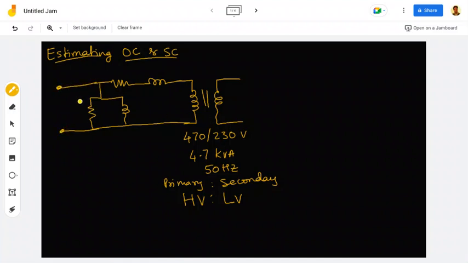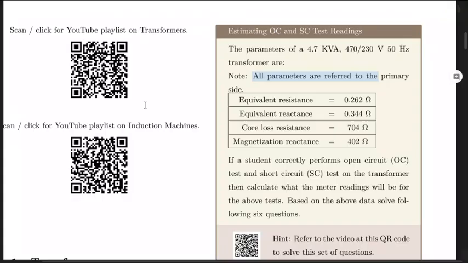So this is R naught, this is my X naught, and this is R01, and this is jX01. So this is equivalent resistance referred to primary, equivalent reactance referred to primary, and this is the iron loss component, and this is the magnetizing component. Anyway, let's go back.